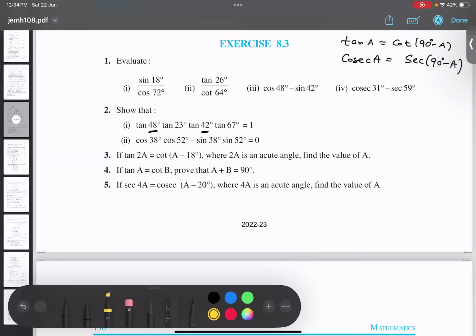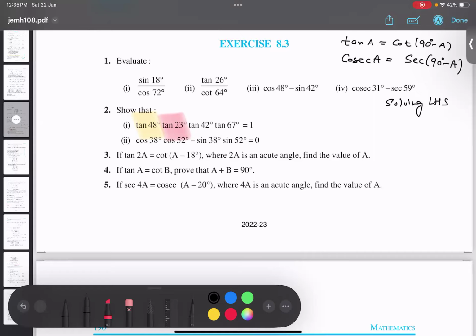Yes or no? And 23 and 67. So these two are pairs. If I'm going to change this, I'm not going to change 42. I'm not going to change 63. I will change only one.